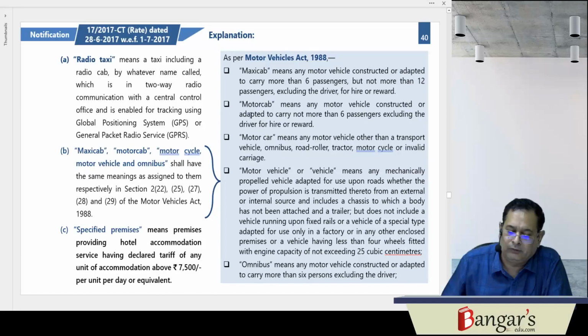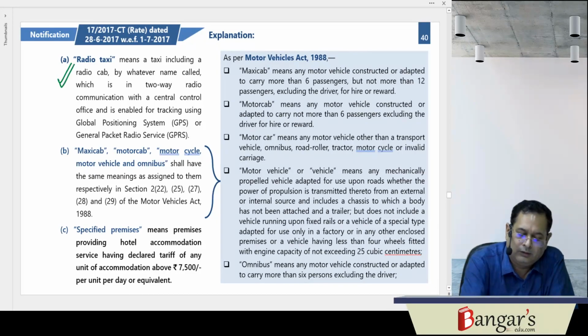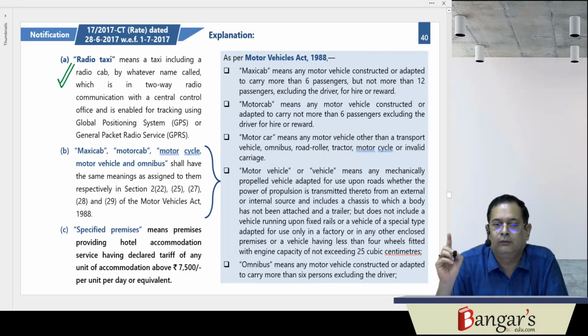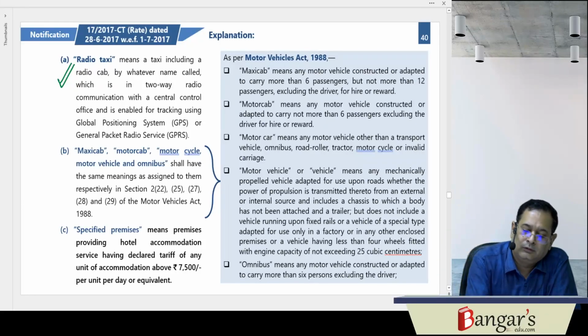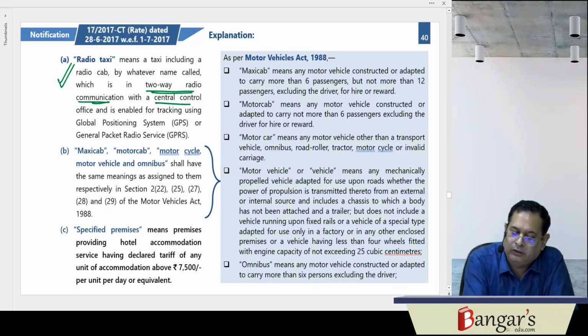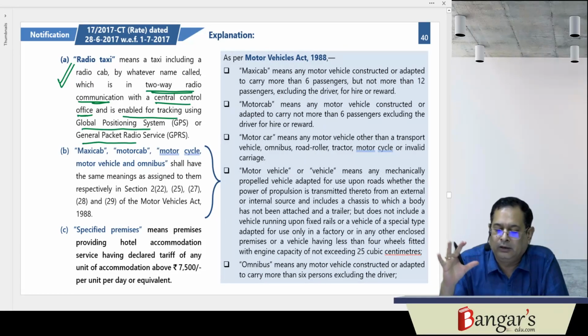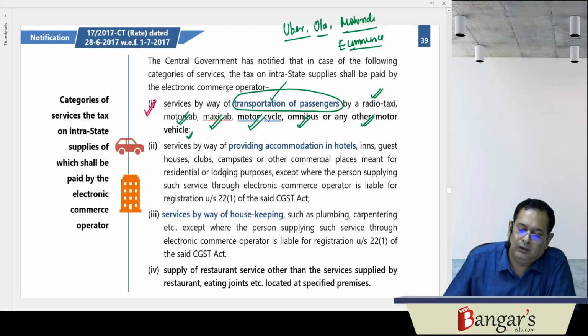So what does radio taxi mean? Radio taxi means a taxi including a radio cab which has two-way radio communication with a central control office and is enabled for tracking using GPS or GPRS. Now, the services of transportation of passengers can be by a radio taxi, a motor cab or a maxi cab.